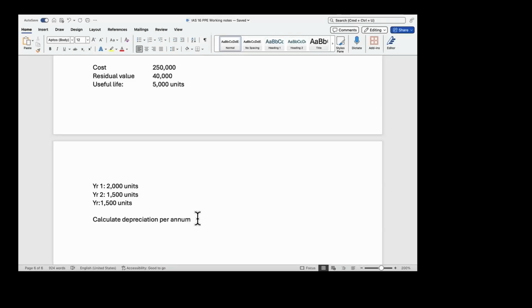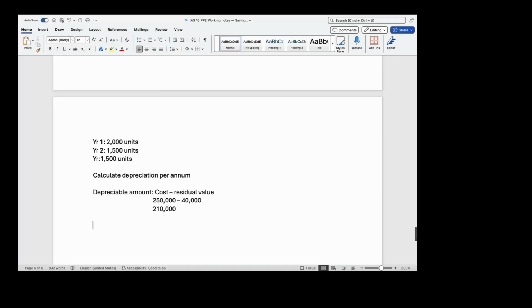But now, since I'm given residual value, I know that I will need to get depreciable amount, which is cost minus residual value. And the cost in this context is 250,000 minus 40,000, and this is 210,000.